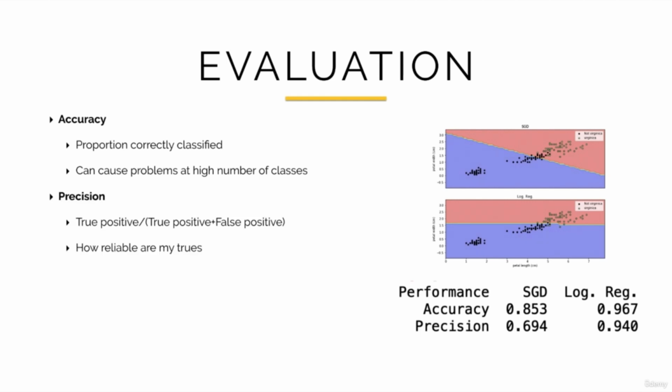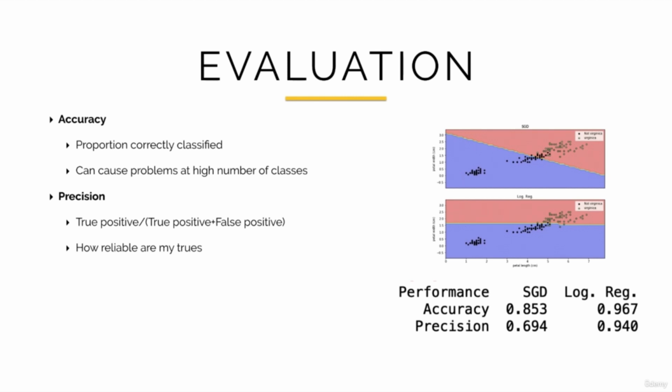So what other options are there? Well, another option is looking at precision. Now the precision you calculate by looking at the number of correct positive predictions, and dividing it by the number of correct positive predictions as well as incorrect positive predictions.